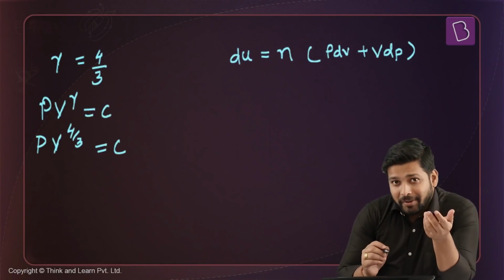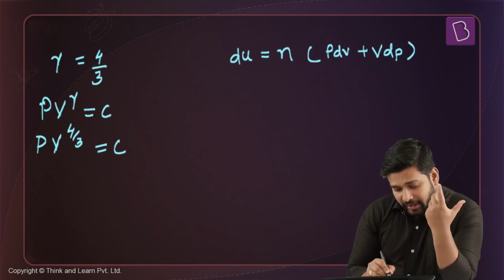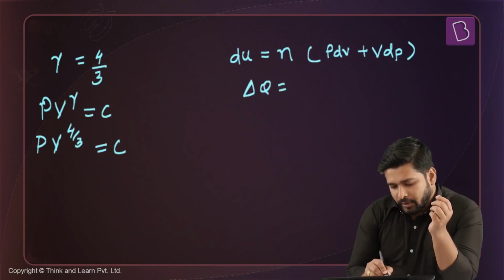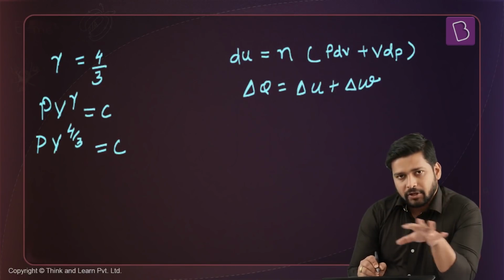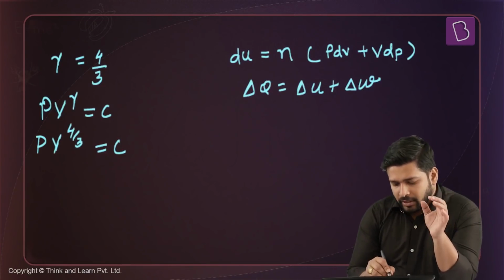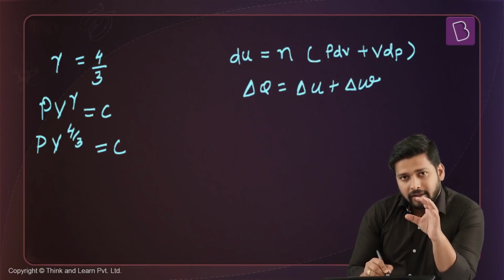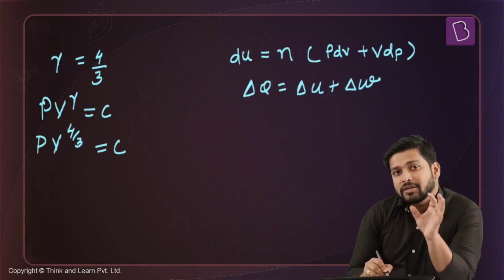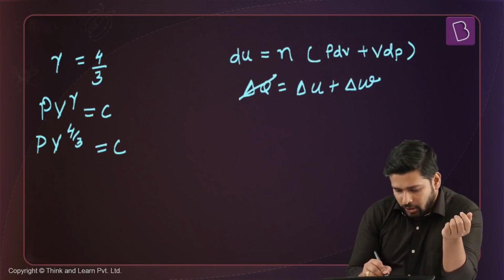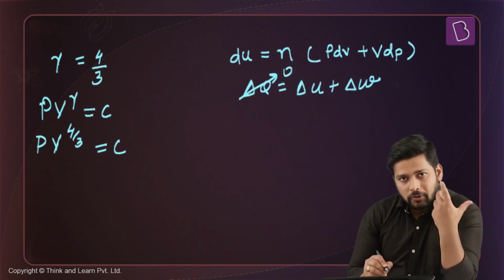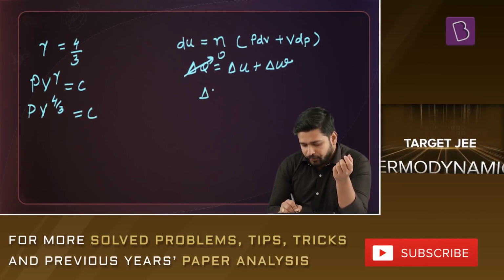Now in a normal adiabatic process, what do you see? The first law of thermodynamics says delta Q equals delta W plus delta U. I know that the heat interaction is 0 in case of an adiabatic process, so delta Q becomes 0.